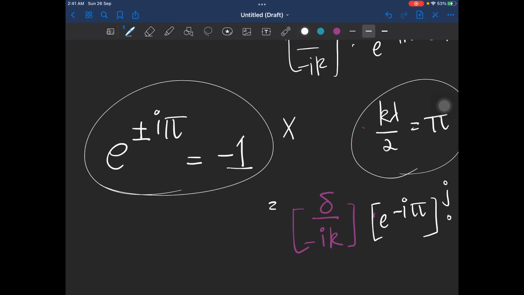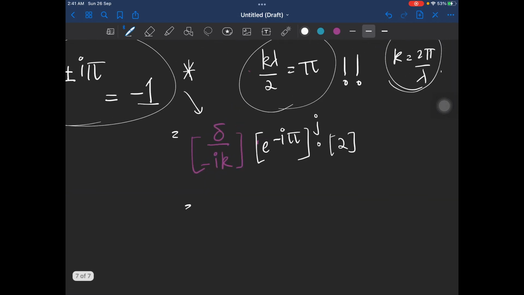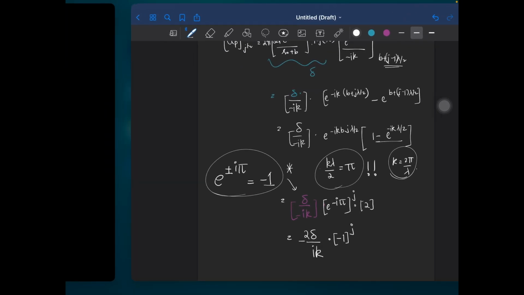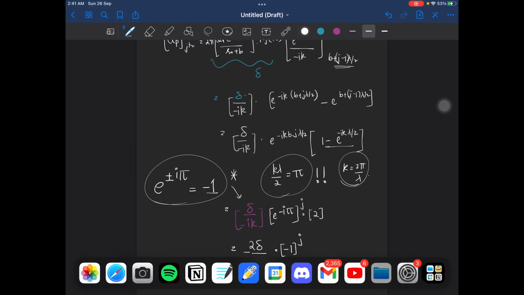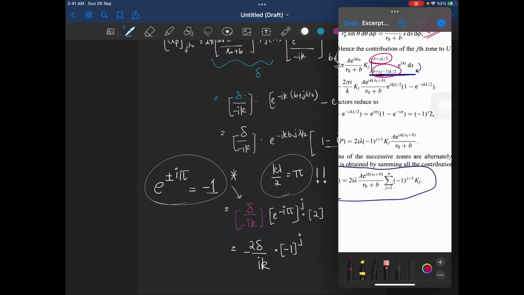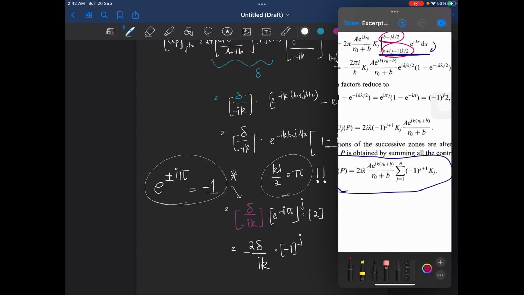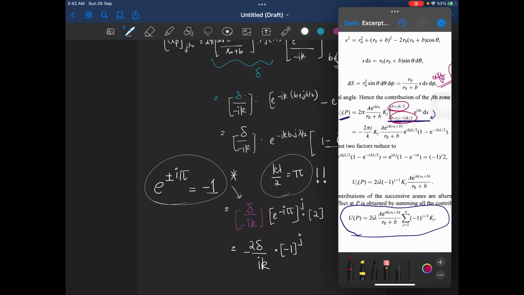So this is delta by ik minus delta by ik times 2 perhaps, times (minus 1)^j. J plus 1? Okay, it's cool. No, it's not cool though.